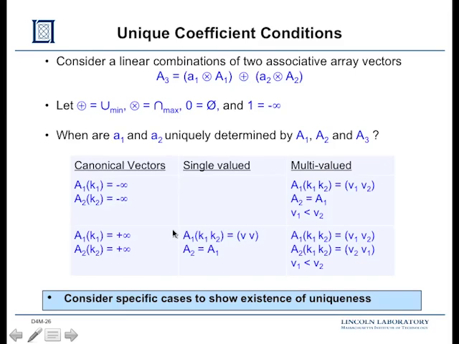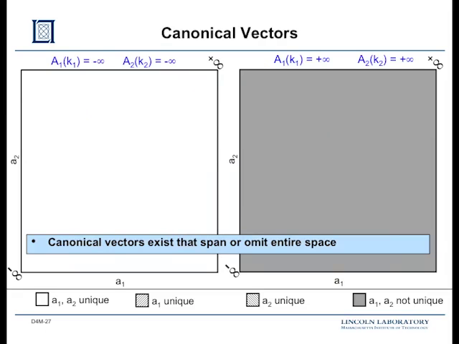A better way to view that is in the drawing here. Here's my whole space of coefficients, a1 and a2, and we see that a1 and a2 uniquely define a result with these basis vectors, and are completely degenerate with these other basis vectors. So depending on the kinds of basis vectors you have, you can create unique stuff or not unique stuff.